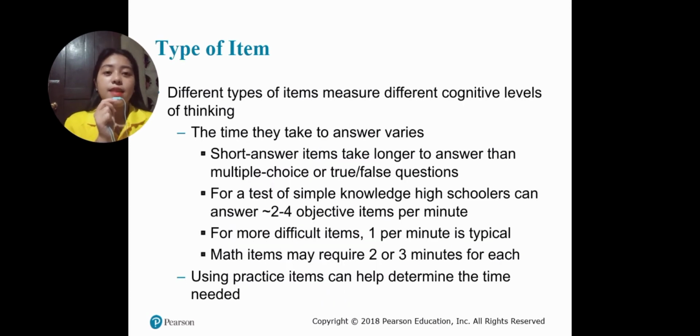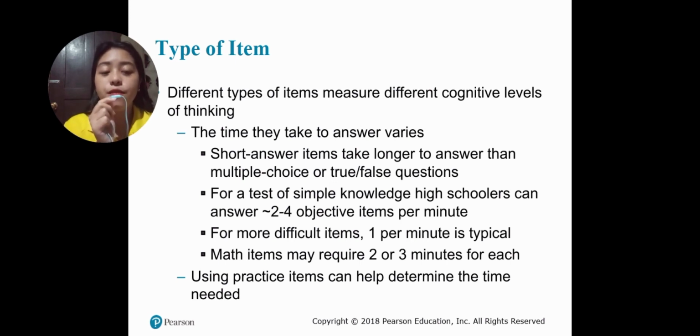The next is the type of item. Different types of items measure different cognitive skills and thinking. The time they take to answer varies. Short answer items take longer to answer than multiple choice or true or false questions. For tests of simple knowledge, high schoolers can answer 2 to 4 objective items per minute.